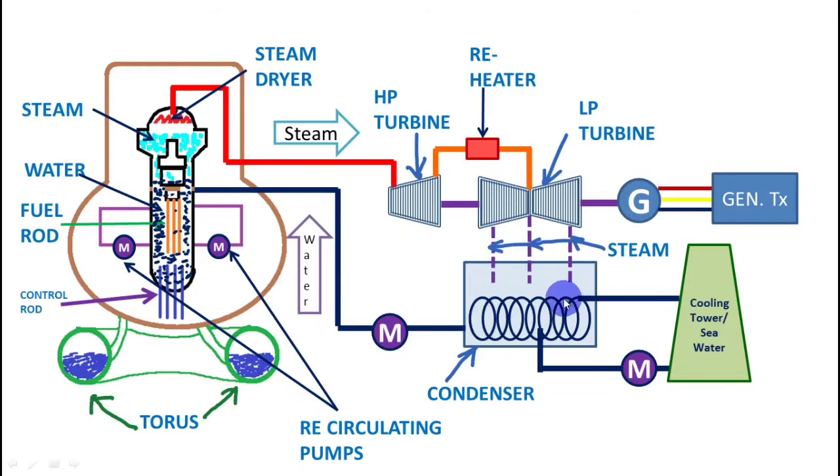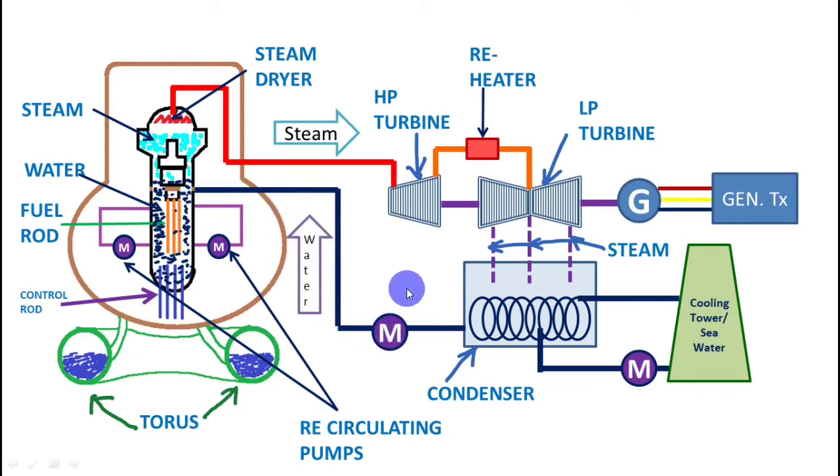There is a condensing coil, where cooled water is supplied by a condenser pump. It may be through seawater or through a cooling tower, depending on the location of the nuclear power plant. The steam is condensed into water, and this water is pumped back to the nuclear reactor.